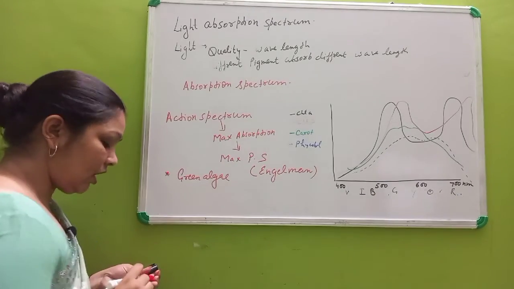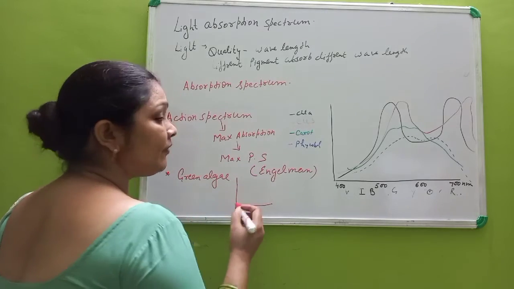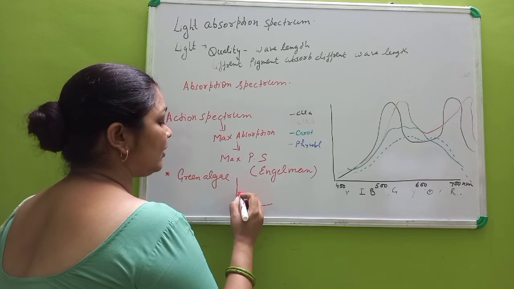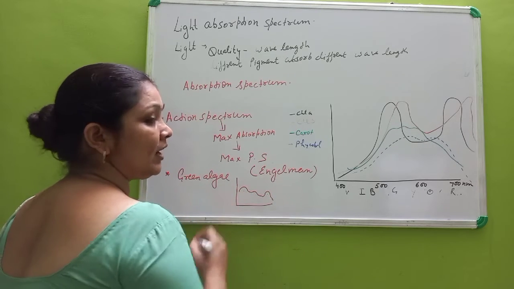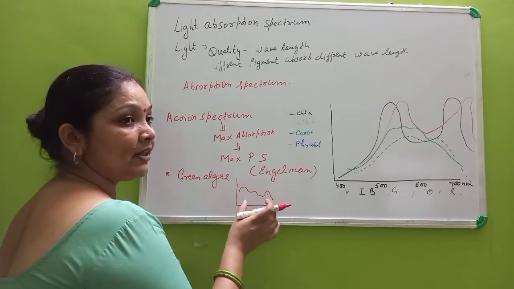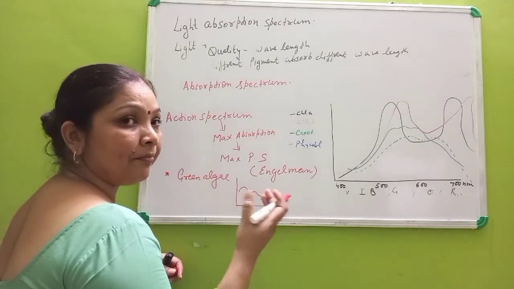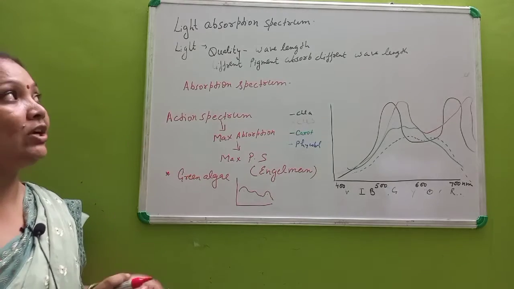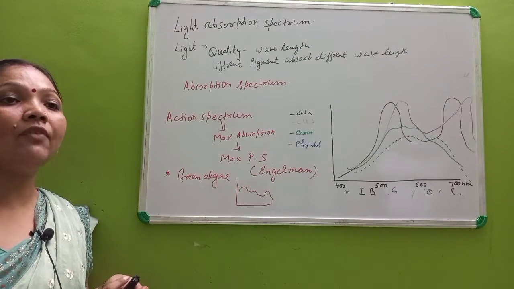When he drew a graph of absorption, he found that the maximum accumulation of this alga occurred at red light and then at blue light. So the algae accumulated maximally in this range because here they can absorb maximum light and perform maximum photosynthesis. So this was the light absorption spectrum, that different pigments absorb different wavelengths of light.